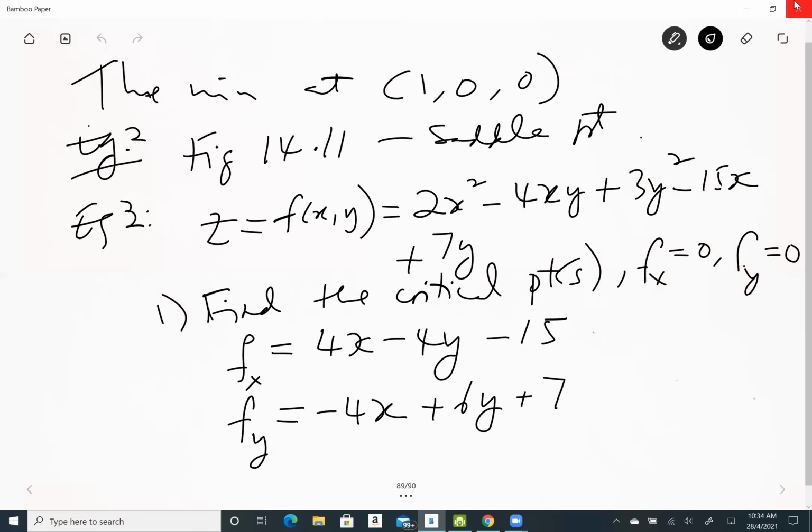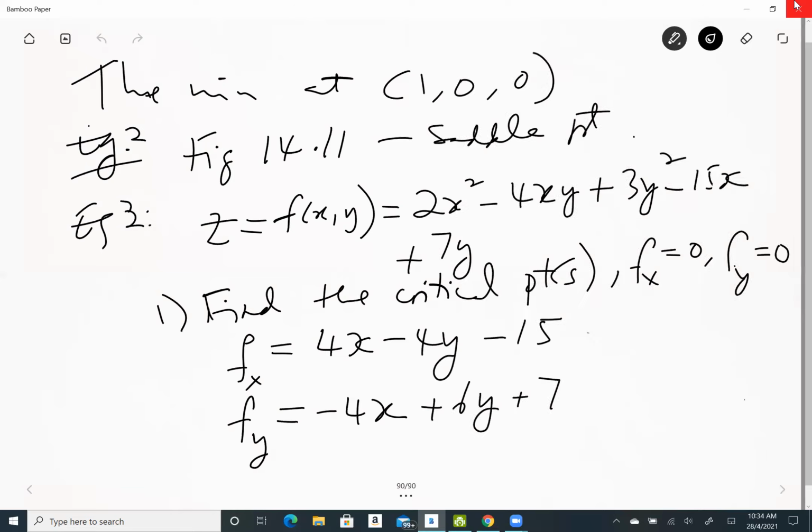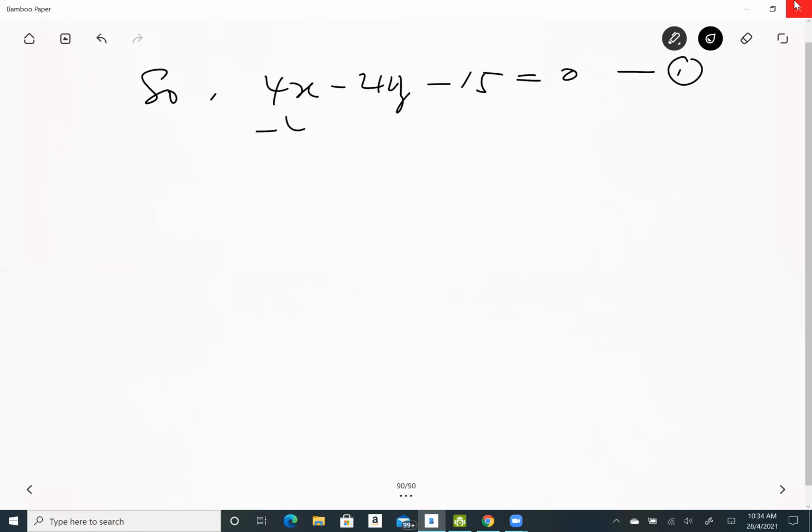Fy is equal to negative 4x plus 6y plus 7. So that is our equation number 2. So here you have a system of linear equations. So not so difficult to find.